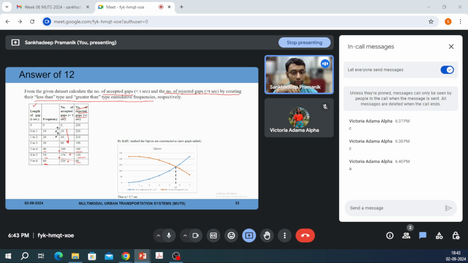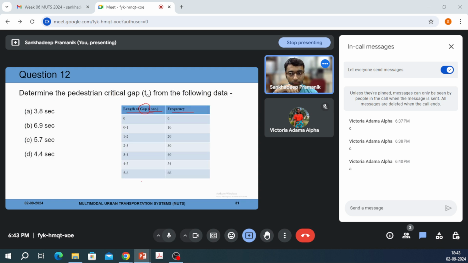And then we need to plot these gaps, corresponding to different seconds, the accepted gaps and the rejected gaps. At the point where these two intersect, that will be the critical gap. In this case it is 5.7. So option C will be the correct answer.